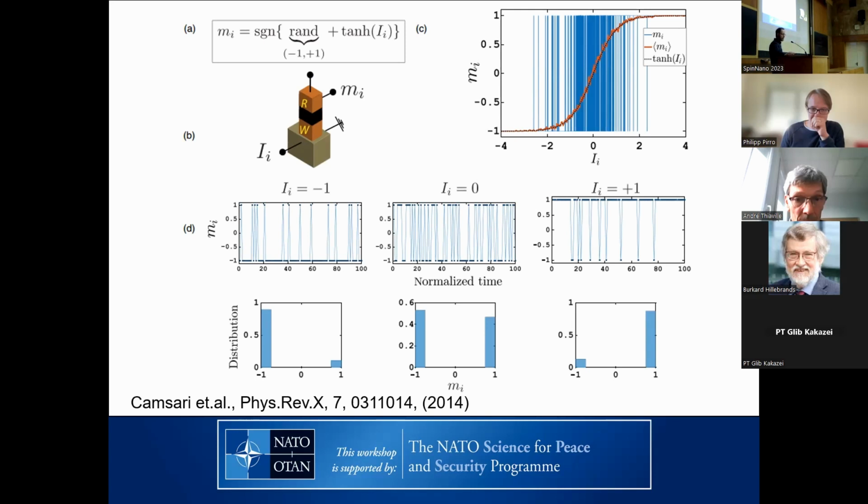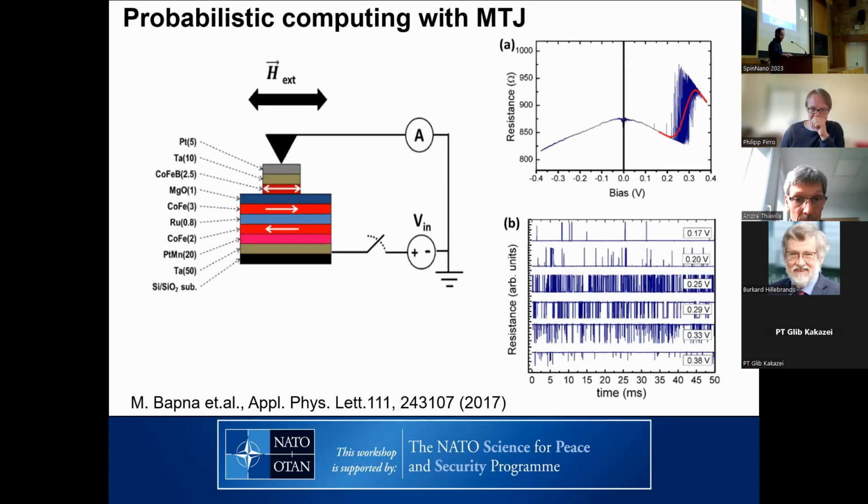So basically, this is the key element of probabilistic logic, and we need such an element to fabricate these schemes. And it can be done with magnetic tunnel junction. There were a lot of talks already about magnetic tunnel junction. We have a fixed layer and we have a free layer.